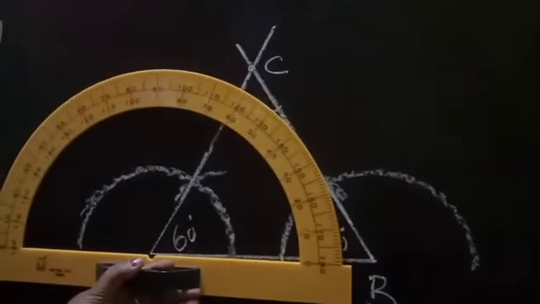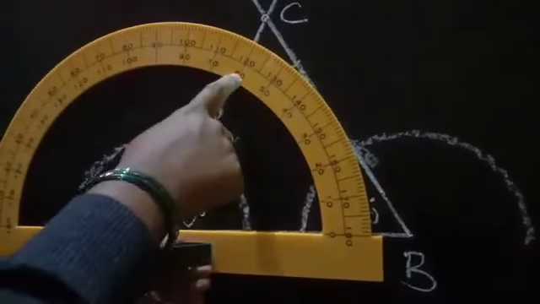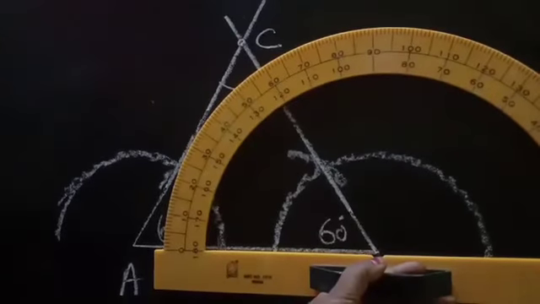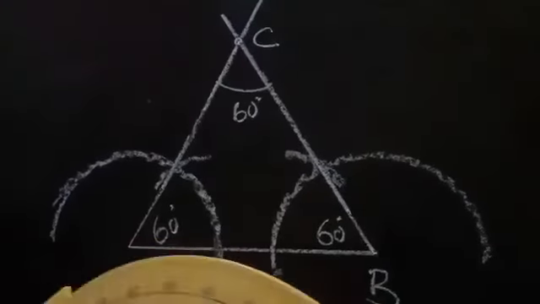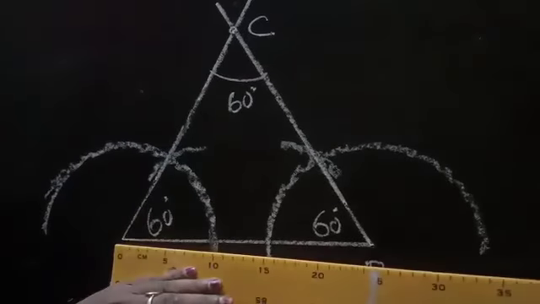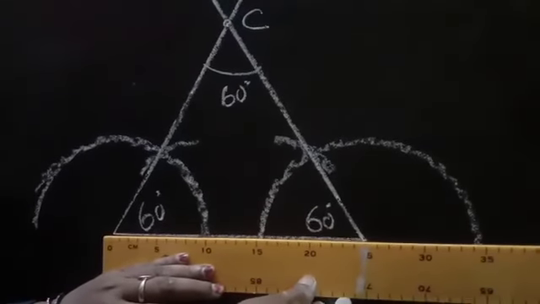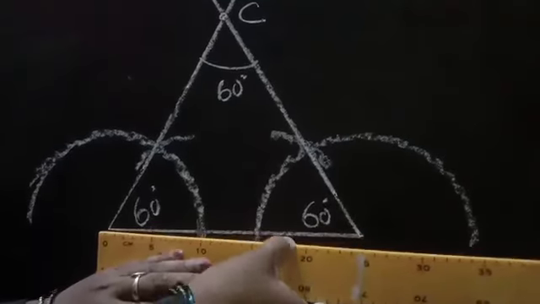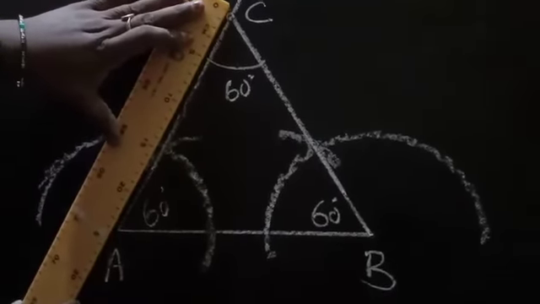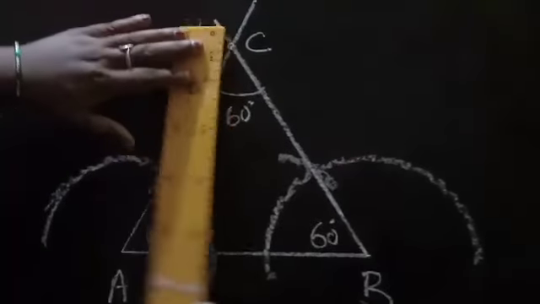We can measure this angle, we will get 60 degree. Every angle, all three angles, will get 60 degree. Then we will get the same measurement for the sides also, we can check it. So AB is here, it is 5 centimeter. AC also is 5 centimeter.